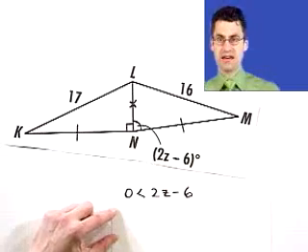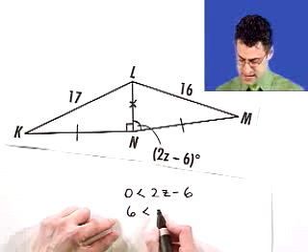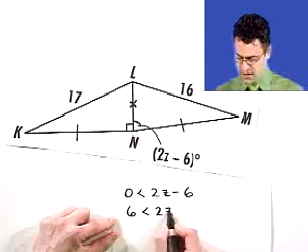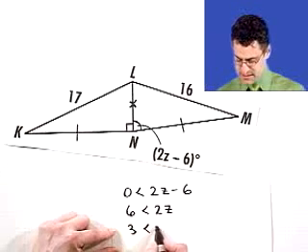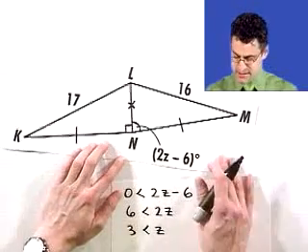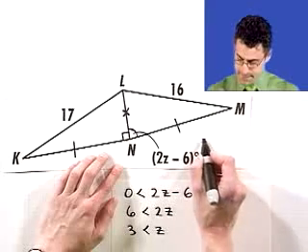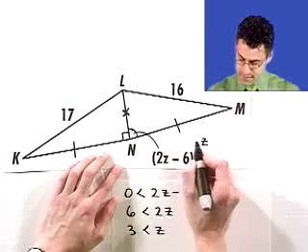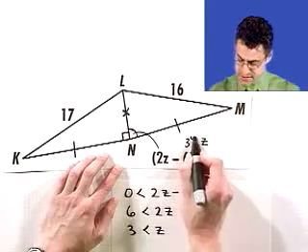I can solve that inequality by adding 6 to both sides. I see 6 is less than 2z. If I divide both sides by 2, I see that 3 is less than z. And so I see immediately that z has to be greater than 3 degrees.